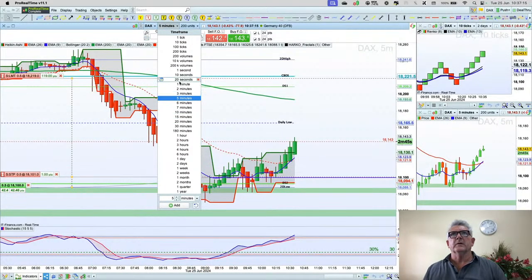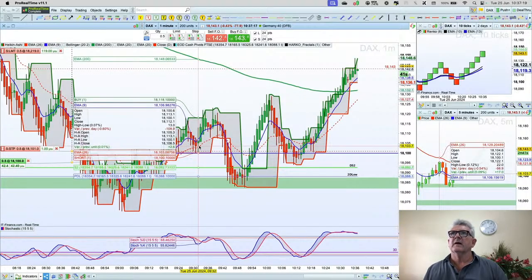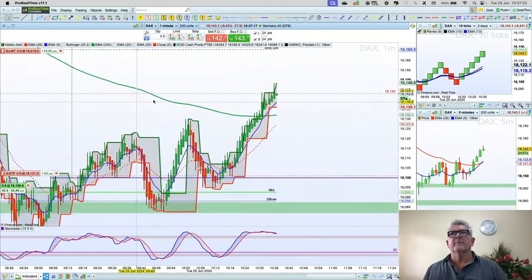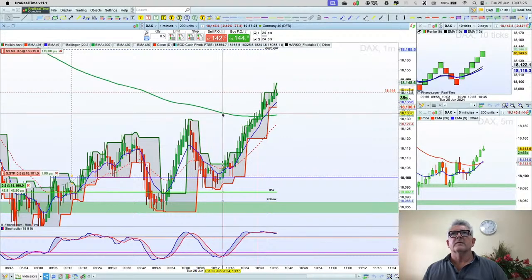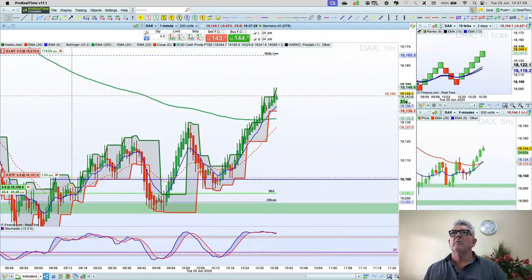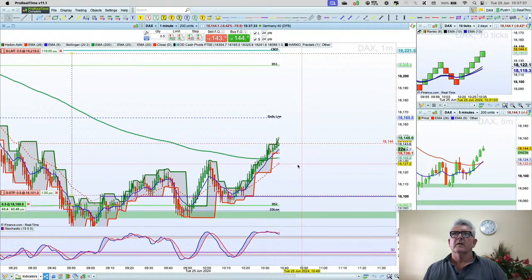If you want to be super aggressive, using the IKM trades, the kind of magic trades, this now qualifies for the IKM, which is trading above the 200 EMA on a 1-minute fractal, which would be a breakout. Of course, a breakout here would be the first trade.